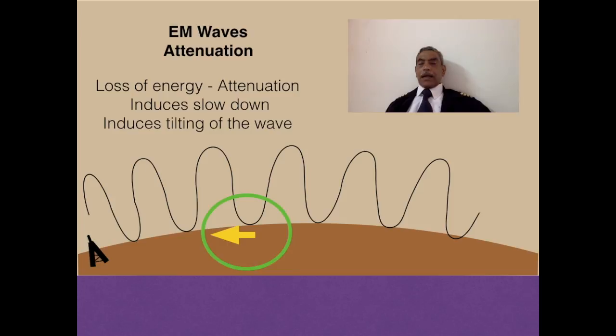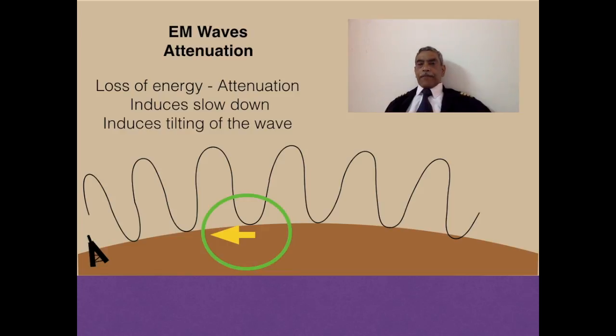In this picture, I have shown a reasonably low frequency range. That means the wavelength is a little bit higher, and it travels as shown. Now, when that portion of the wave strikes the earth, what happens? There is attenuation taking place. Attenuation, loss of energy of the wave, takes place.